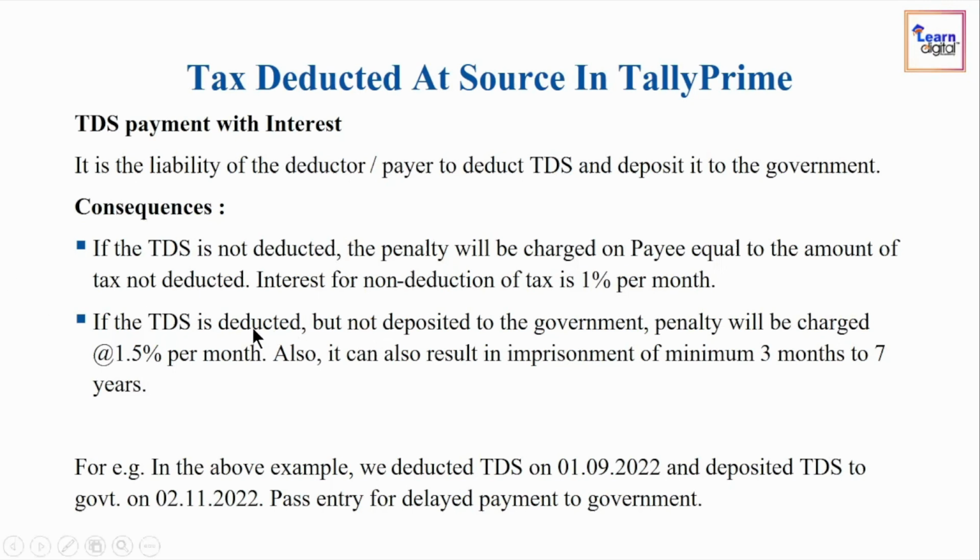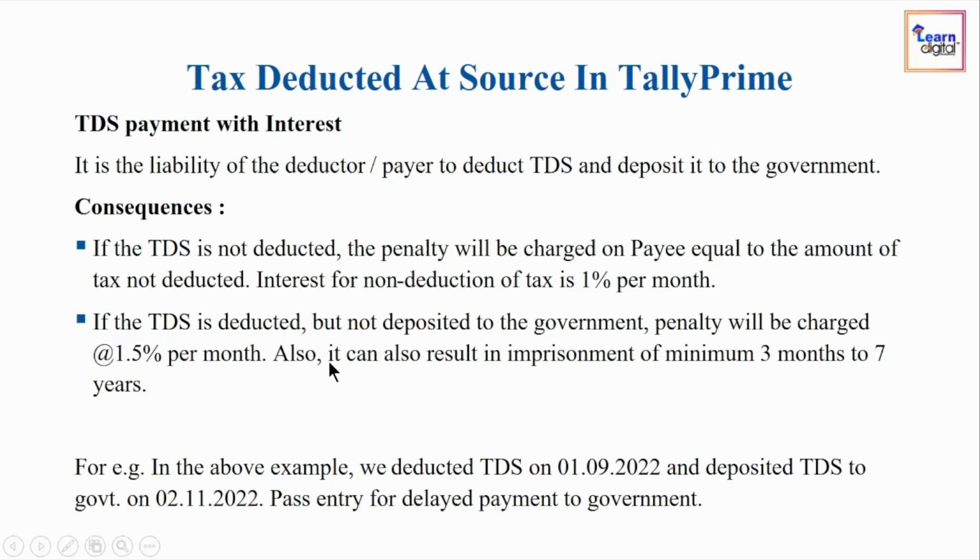Now, if the deductor deducts the TDS and does not deposit to the government, then what? If the TDS is deducted but not deposited to the government, penalty will be charged at the rate of 1.5% per month. See, the penalty rate is 1.5%, that too per month, on the amount of TDS.